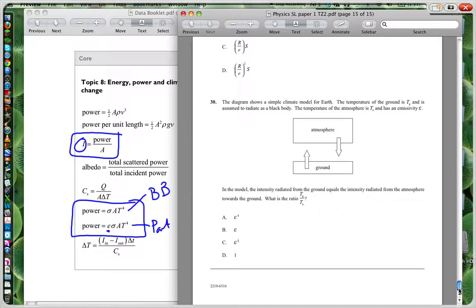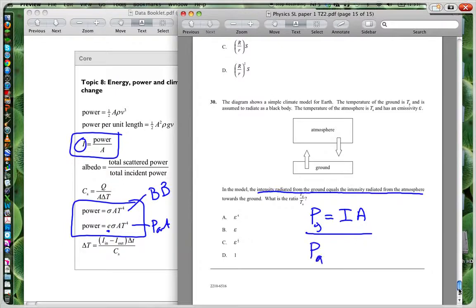So we can see there that the power that is being radiated, it says here that the intensity radiated from the ground equals the intensity radiated from our atmosphere. So we have power is equal to IA, and that is for the power for the ground and also the power for the atmosphere.